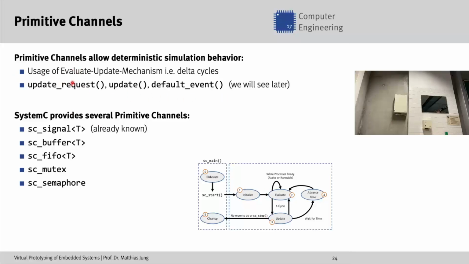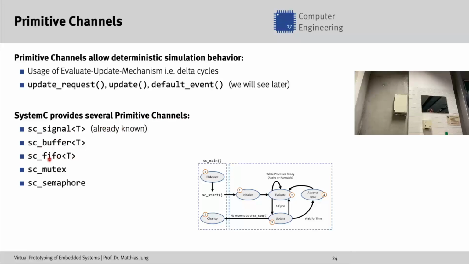So we need to call the function update_request. There is an update function and a default_event function that we have to implement. We will discuss that later, maybe not fully today, maybe next week. SystemC provides several of these primitive channels already. This is signal, we know it already.